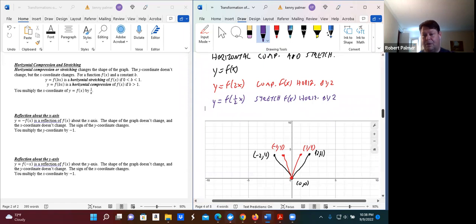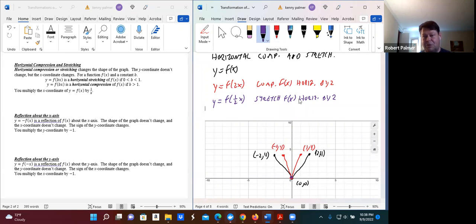Let's take a look at that. This one I have to think about just a bit. It says you multiply the x-coordinate by 1 over b. In this case, our b is 1/2. So 1 over 1/2, or the reciprocal of 1/2, is 2. So we're going to multiply each one of our x-coordinates of the original graph by 2. Once again, 0, 0: 0 times 2 is still 0. So this point is still going to stay where it is.